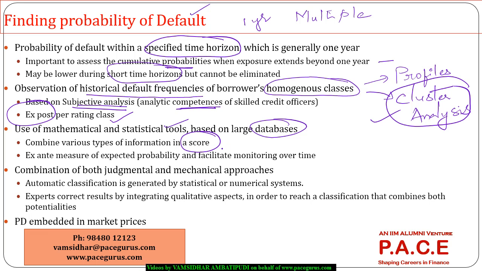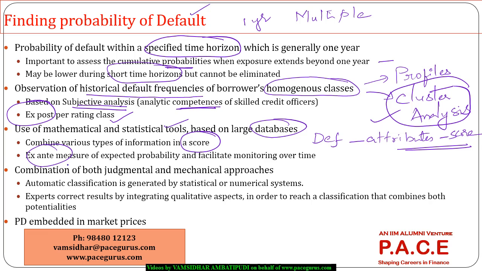Historically, the various defaults and the various attributes are taken together. Some kind of mathematical or statistical models are being built linking the default of the customers with the various attributes by coming up with a scoring process. And based on that, for new customers, when I input in that particular score, I'm getting whether this party was going to default or not default.